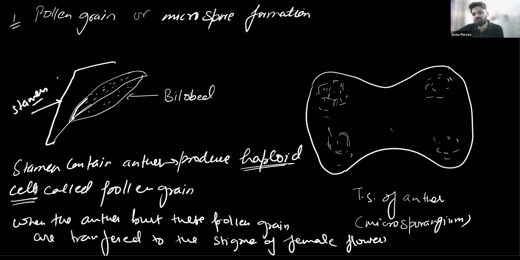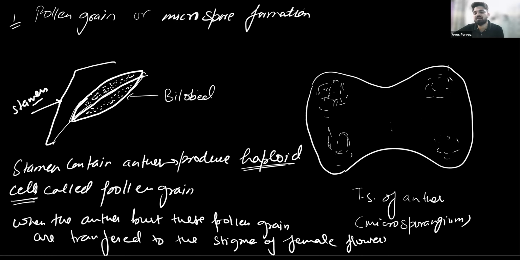Stamen is a male reproductive organ. Now talking about the pollen grain, these are the gametes that are present inside this anther.